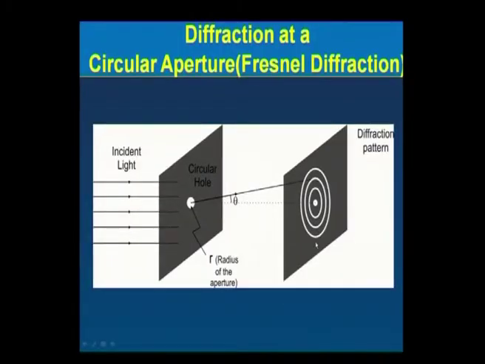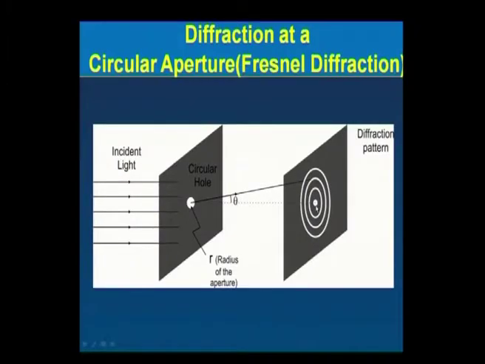They undergo diffraction and you get a diffraction pattern, and as I told you in the last lecture, this diffraction pattern was satisfactorily explained by Fresnel by introducing what are called half period zones. I told you how to find the intensity at a given point P.